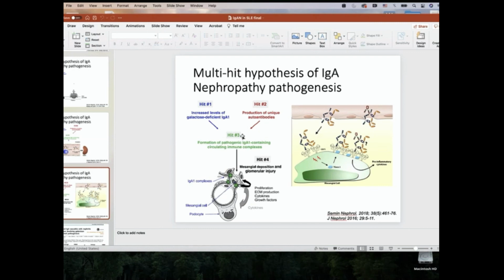So those are the studies supporting immune complex deposition. IgA nephropathy is now more and more being believed to be an immune complex GN.